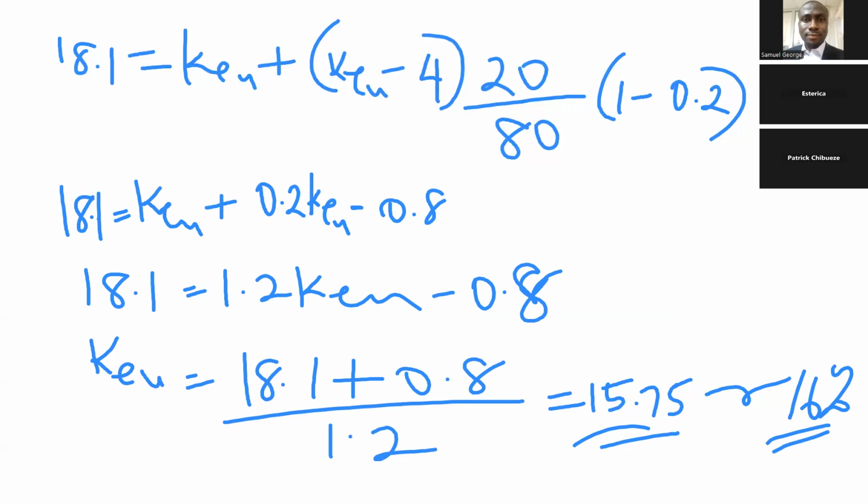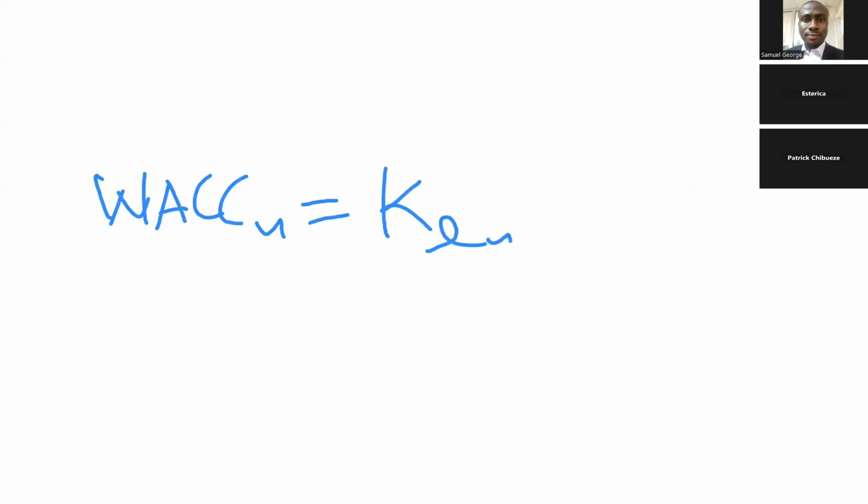Now, this is the way the Miller-Modigliani formula will work. We can use Miller-Modigliani proposition 3 as well. That one is talking about WACC. Remember that I have already said the WACC of an ungeared company is equal to the KEU of the ungeared company.